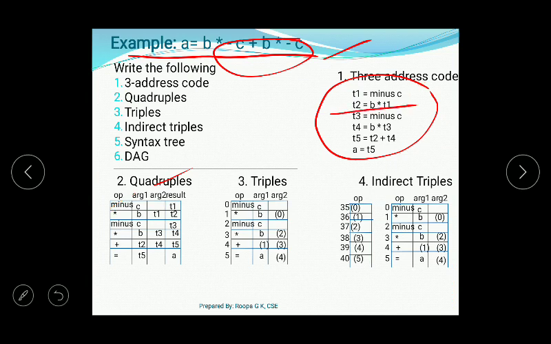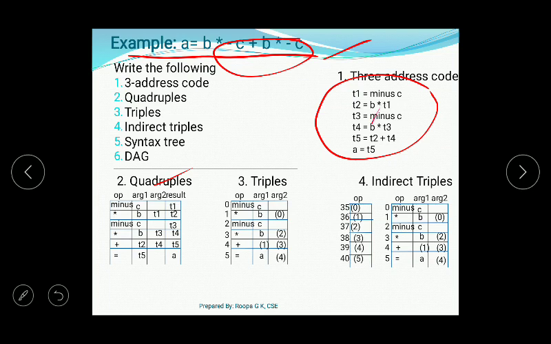Then what about the second line? T2 is equal to B into T1. Operator is star. First operand, argument 1 is B. Argument 2 is T1. And the result is stored in T2. So the line is star B T1 T2. Then third line, same method as the first one. I am not going to explain again. Fourth line T4, same method as the second line.